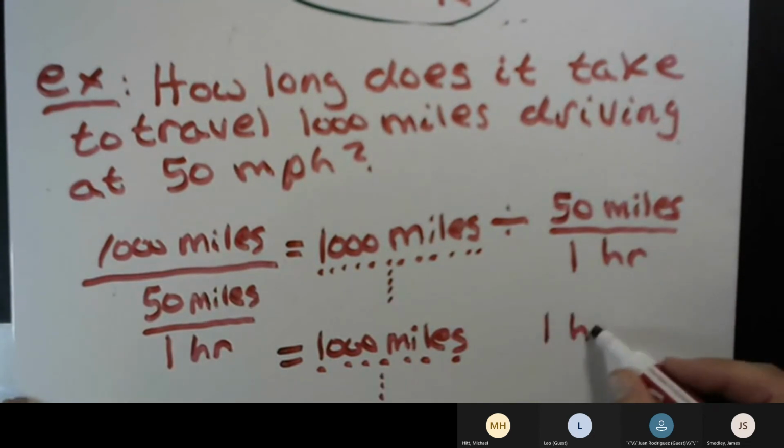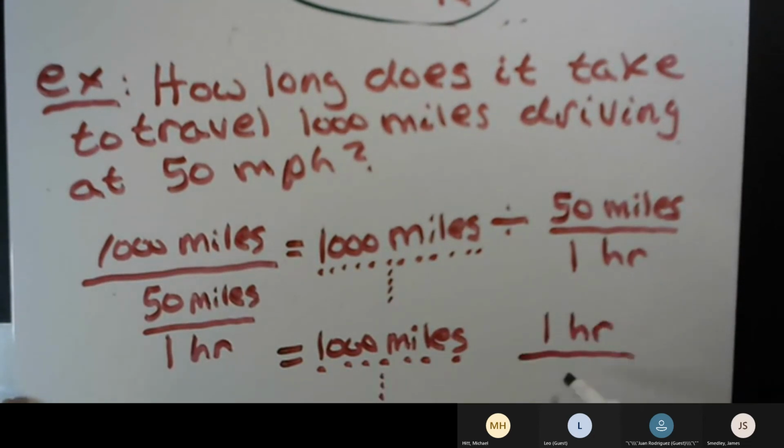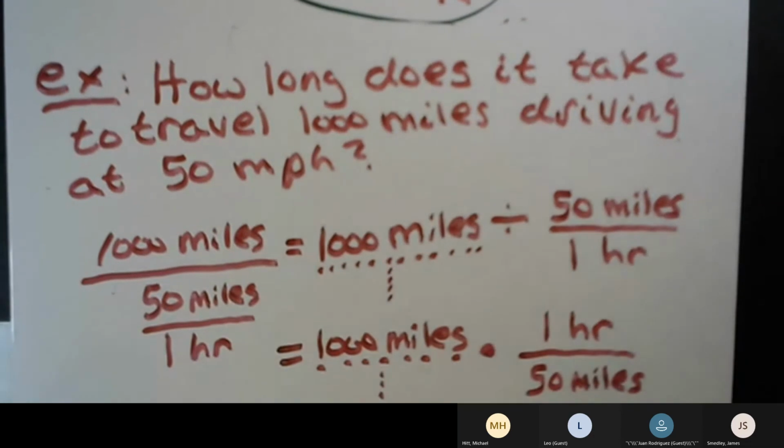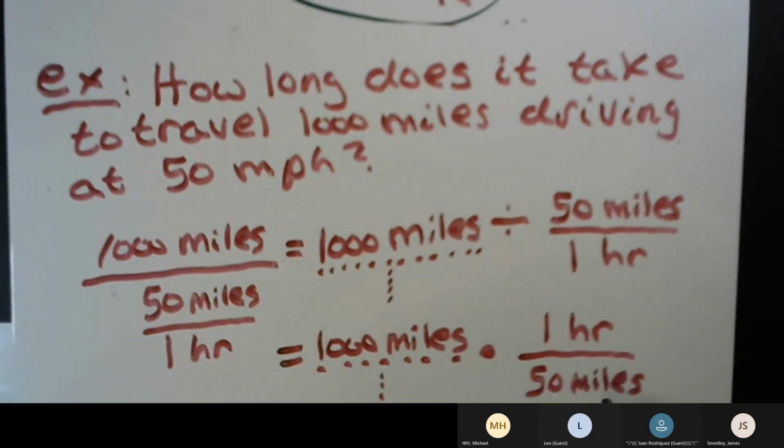We flip this. We change this, and we'll use the algebra multiplication, the dot. Now, if you remember from our conversions chapter, miles on top and miles on the bottom means those cancel out.